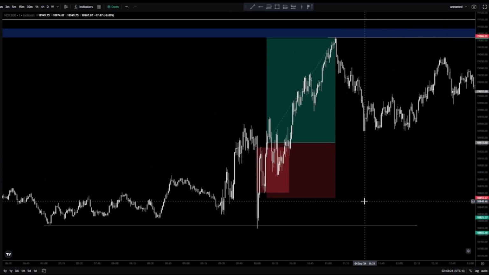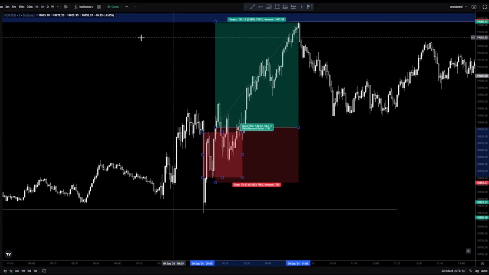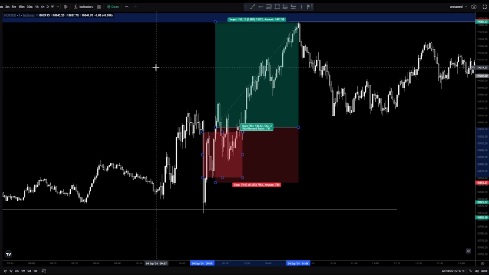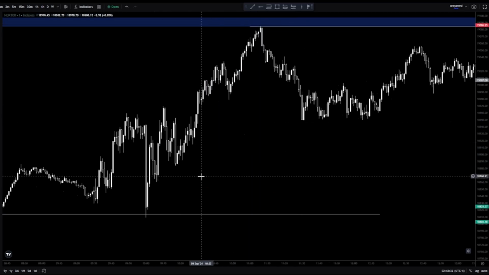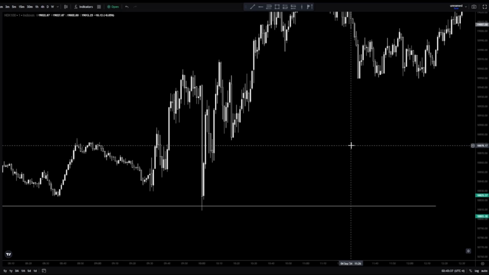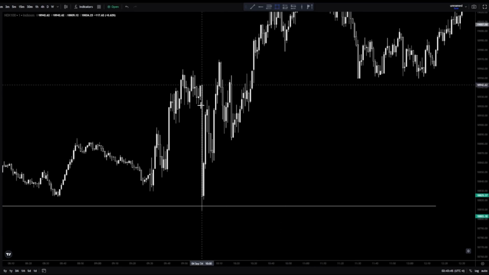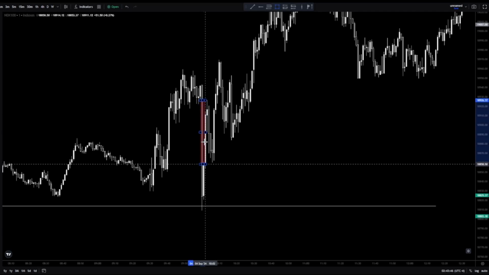Okay, so if I remove all this, can you guys find an obvious FVG that can be inverse, or that we can take a trade off? It's very simple. We have this big FVG, news candle.